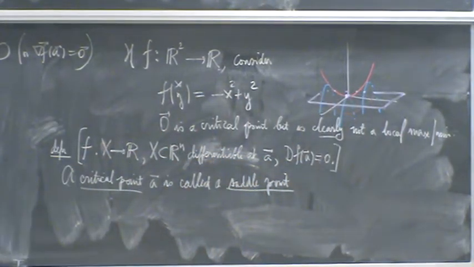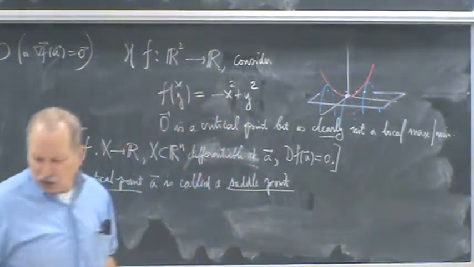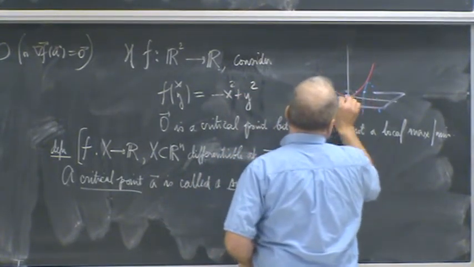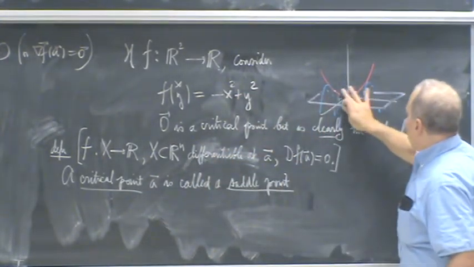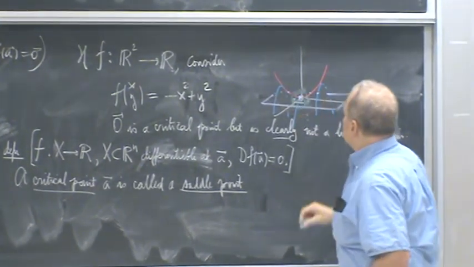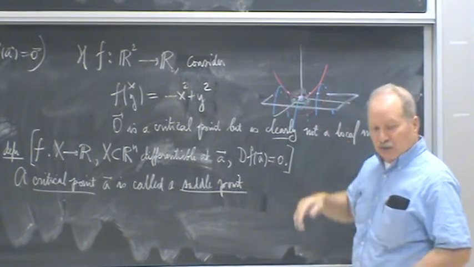That comes next week. So the surface looks like a saddle. But what does it mean that it looks like a saddle? It means that if you look near your critical point, no matter how small a ball you take around your critical point in the domain, you see points where the function is both above and below.